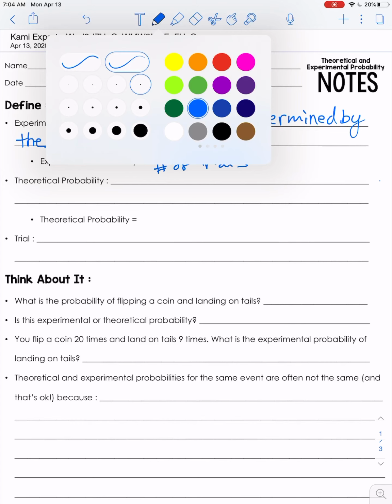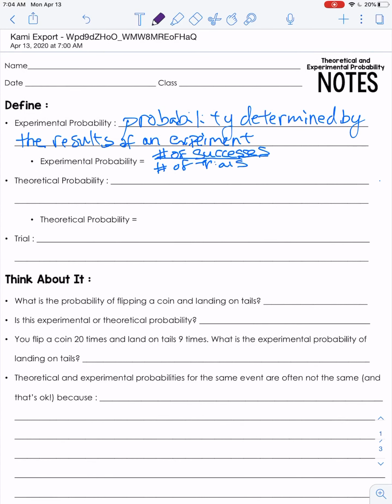So then theoretical probability is a mathematical way to determine the probability of an event.